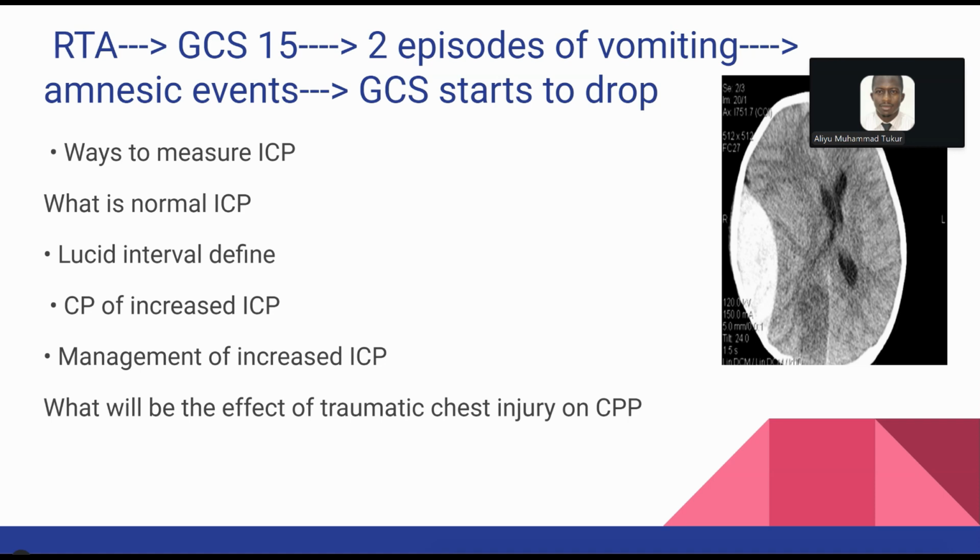This results from gradual intracranial hemorrhage, most likely from an extradural hematoma, most likely from the middle meningeal artery.